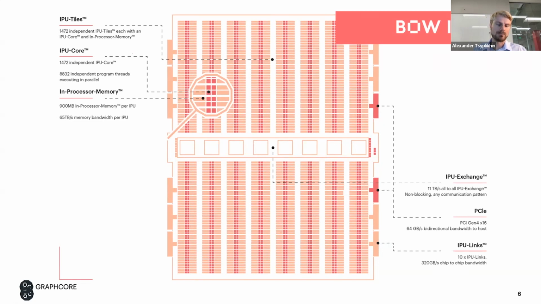So a matmul will be distributed across the available tiles, and then every tile will produce some partial results that will be reduced, moving the data between the cores, and then it can be done in a couple of steps like that.